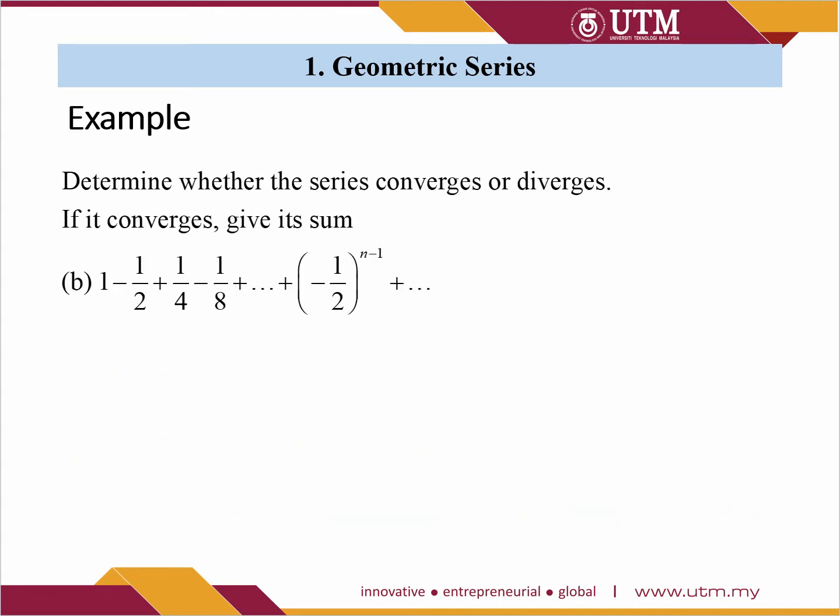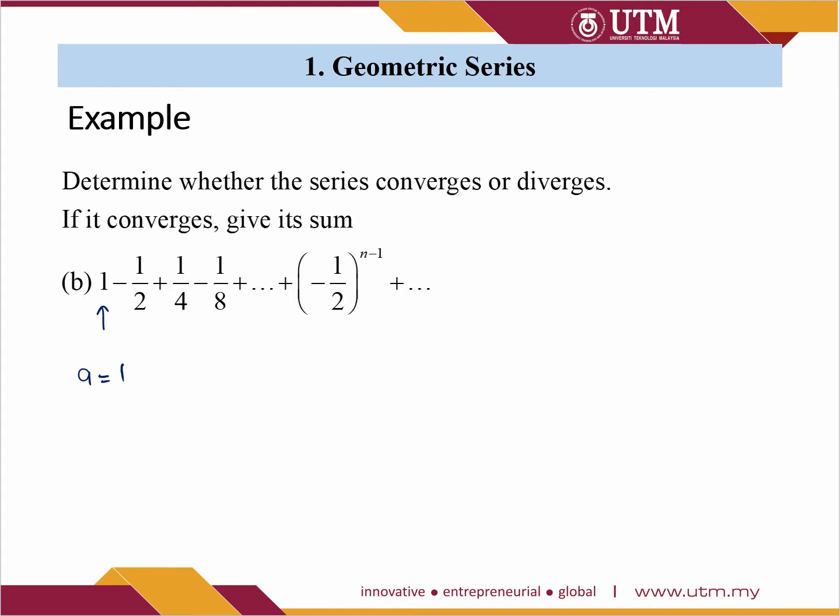Now let us try another example. Here we can see that the series is not in a general form. What we can do is determine the value of the first term, where this one would be our first term, where a equals 1. Now we have to determine whether this series is a geometric series or not.